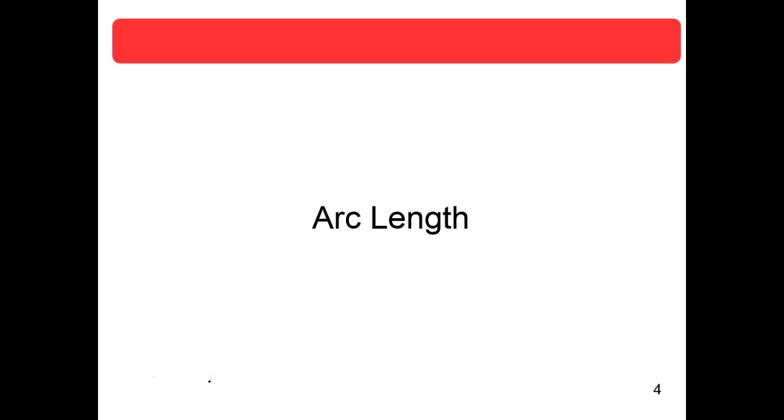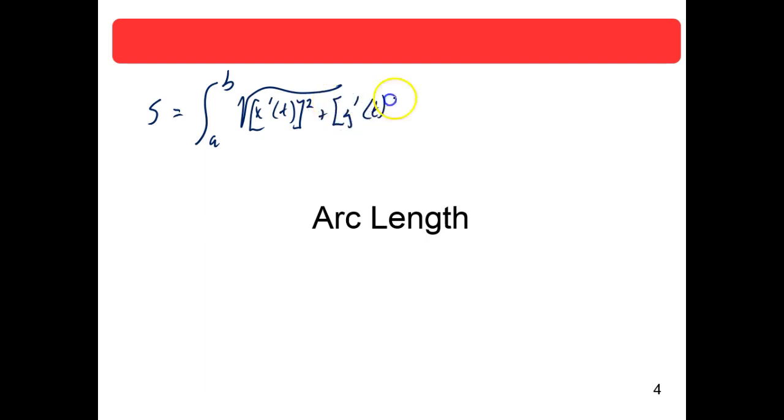that curve was S equal to the integral from A to B, these are the limits on t, of the square root of x prime of t squared plus y prime of t squared, times dt.